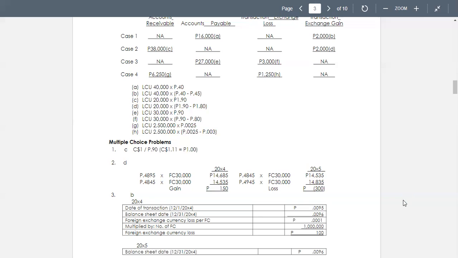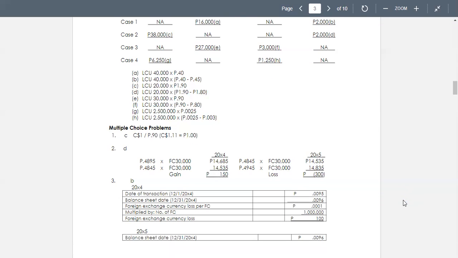When we have the rate of 0.0095. Then the balance sheet date, December 31, 20x4, when we have the rate of 0.0096. So the foreign exchange currency loss per foreign currency is 0.0001. And we multiply that by the number of FCs equal to 1 million. So you get the result of, okay, foreign exchange currency loss is 100.